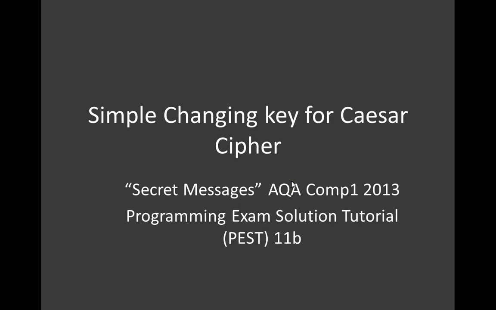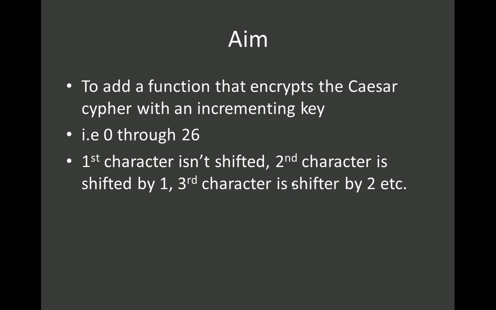Yesterday I thought up about having a changing key for the Caesar cipher, and by that I mean one that isn't fixed. So the aim of this is to just have an incrementing key.